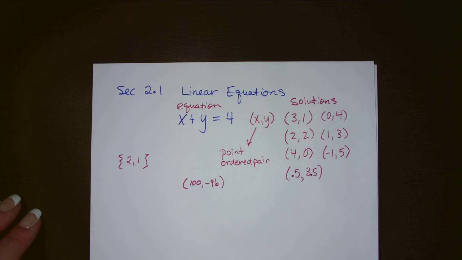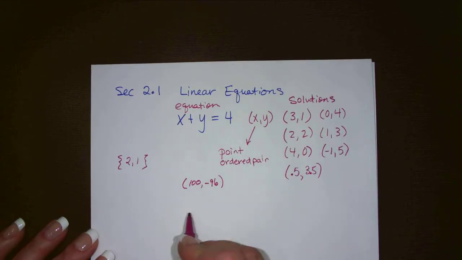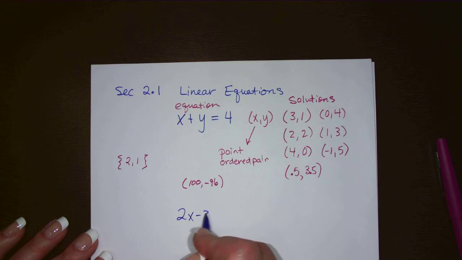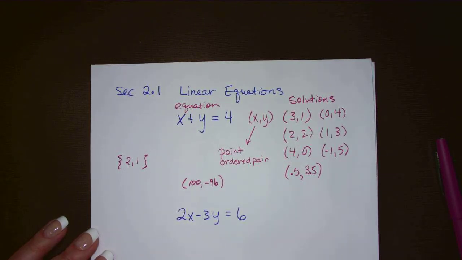Now, not all linear equations are that easy to get solutions for. So, say for example, I wrote down 2x minus 3y equals 6. Now, if I asked you to find solutions for that, can you do any in your head?